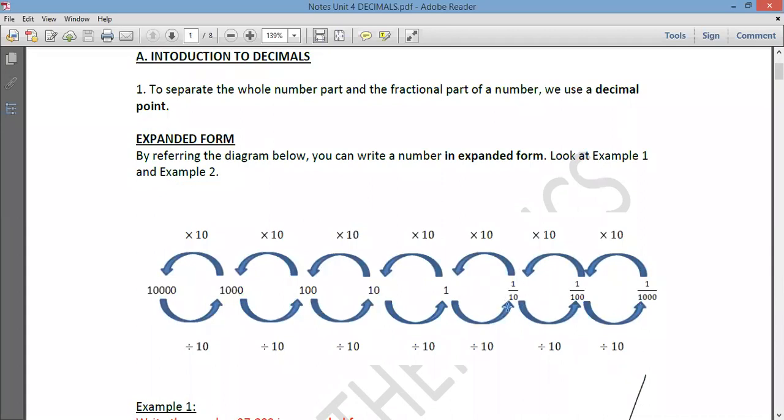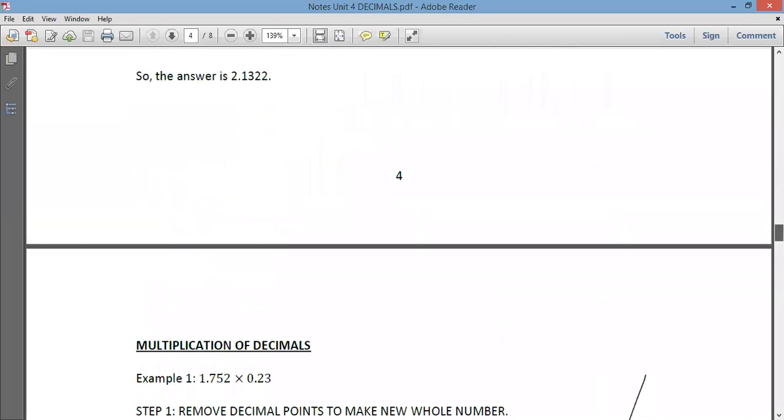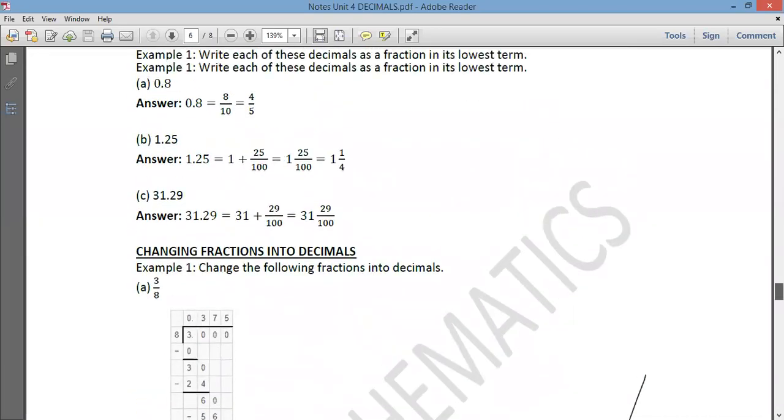So the first number after the decimal point, you have to times 1/10. So 8 times 1/10, you get 8/10. If you're not really sure, you can always use the table and figure it out.